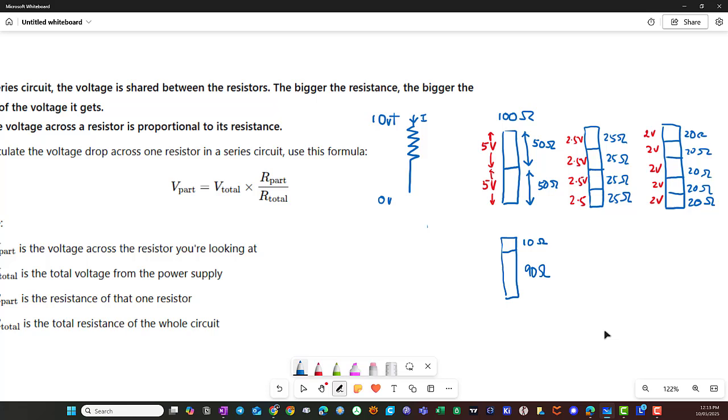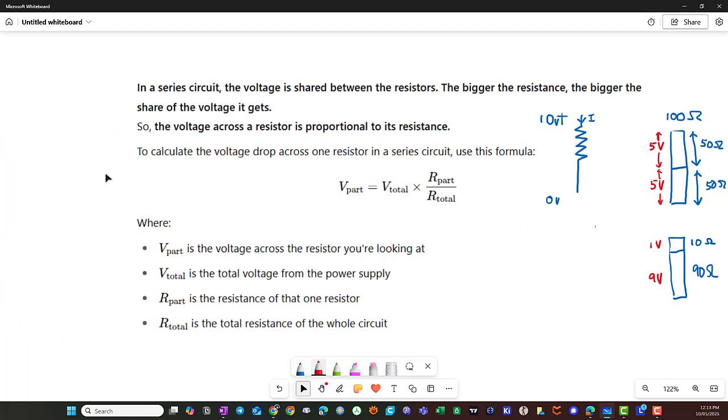What would be the voltage drop across the 10 ohms and across the 90 ohms? Across the 10 ohms it will be 1 volt, and across the 90 ohms it will be 9 volts. Again, you can see that this is divided equally into 1 part and 9 parts according to the division of the resistor. So that is essentially what it means, that the voltage across a resistor is proportional to its resistance.